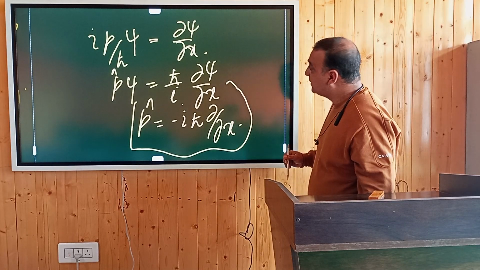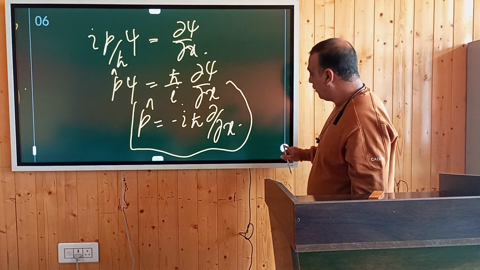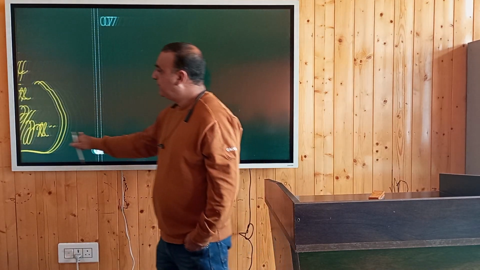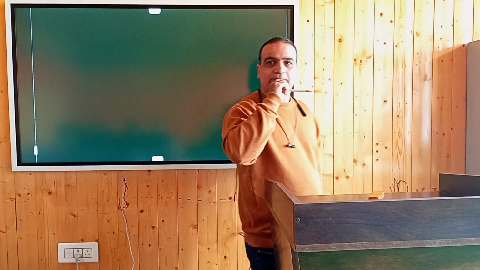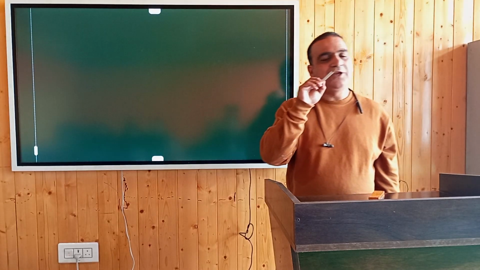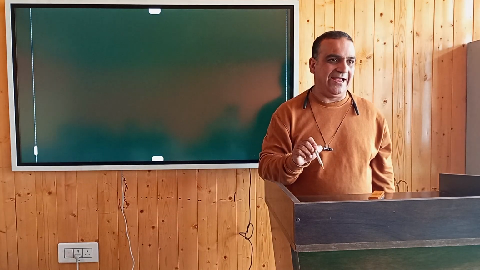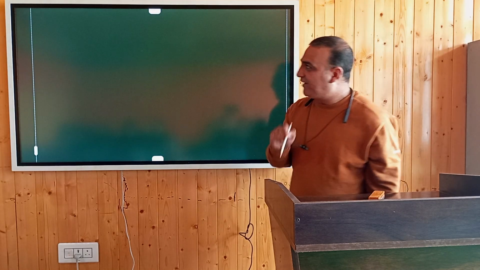So these kinds of things will automatically evolve as you move on. Okay, now let's go back to that equation, the equation that I took the derivative with respect to x, right? What was that equation?